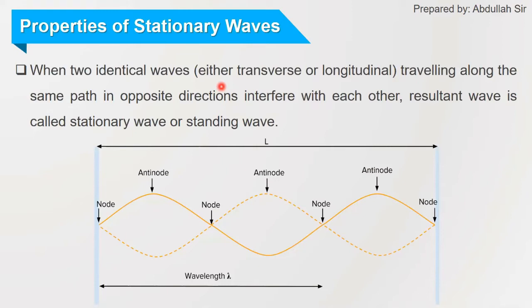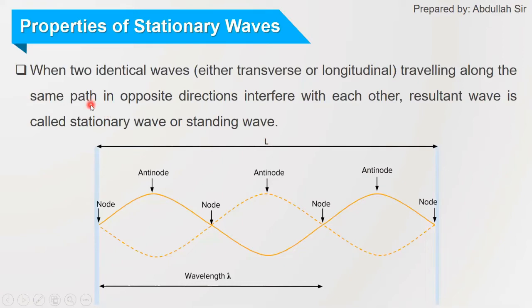The very first property of a stationary wave is the definition of a stationary wave itself. When two identical waves, either transverse or longitudinal, traveling along the same path in opposite directions, interfere with each other, the resultant wave is called a stationary wave or standing wave.